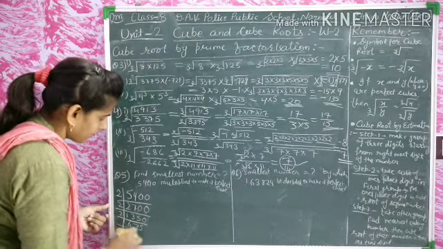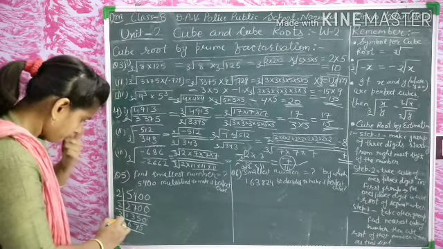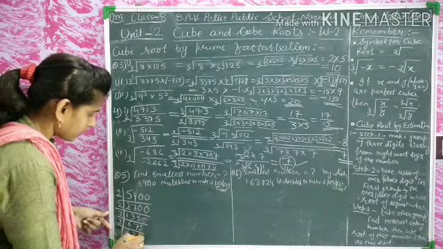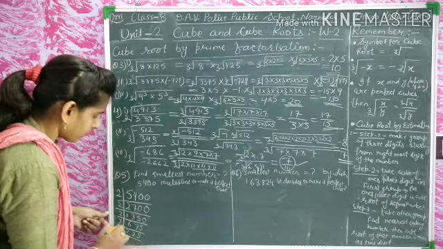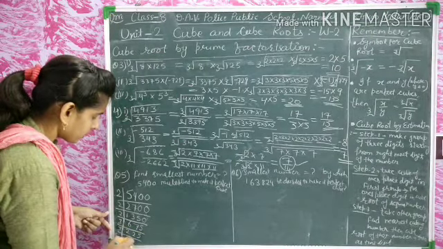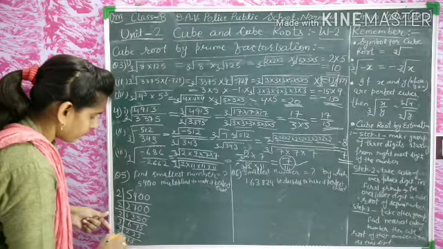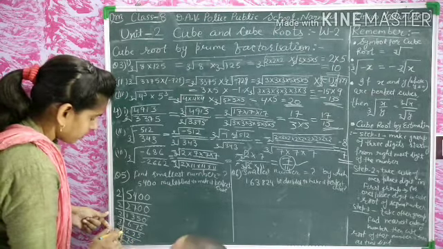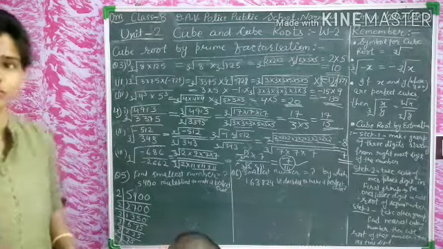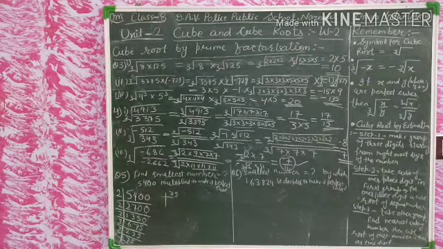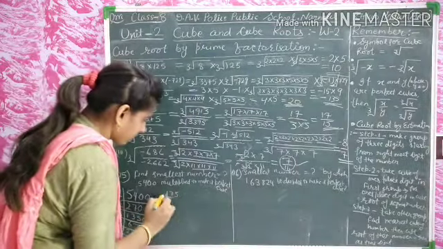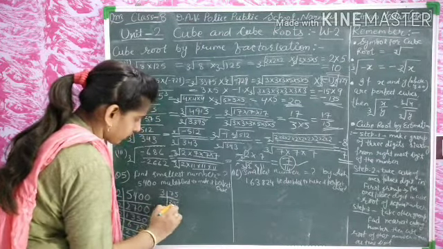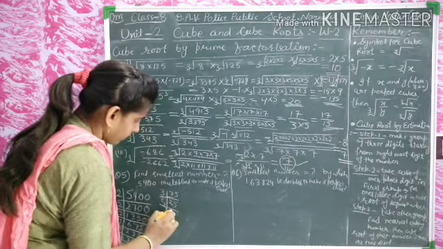Now again dividing by 3, 3 twos are 6, 3 twos are 6, 3 fives are 15. Now again dividing by 3, 3 sevens are 21, 3 fives are 15. Now again dividing by 3, so students, this is also dividing by 3. Then we will get 3 twos are 6, 3 fives are 15 and 5 fives are 25 here.